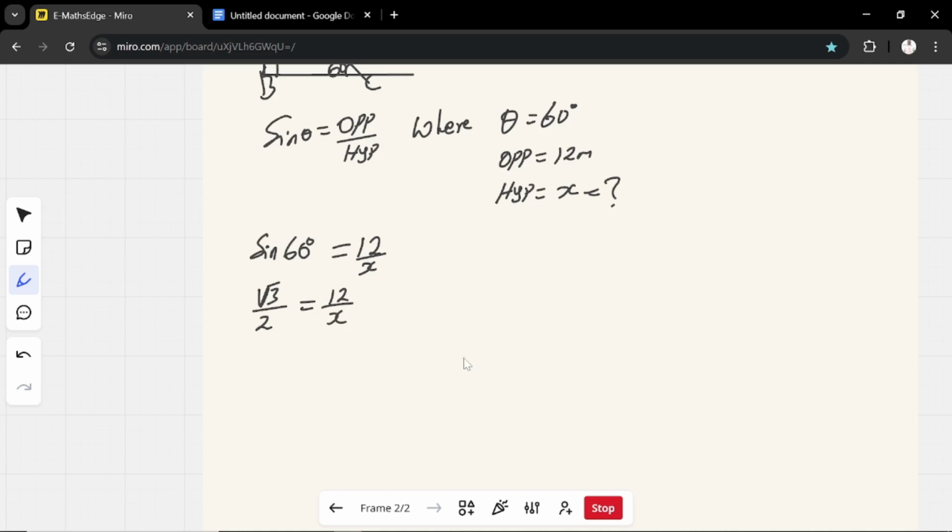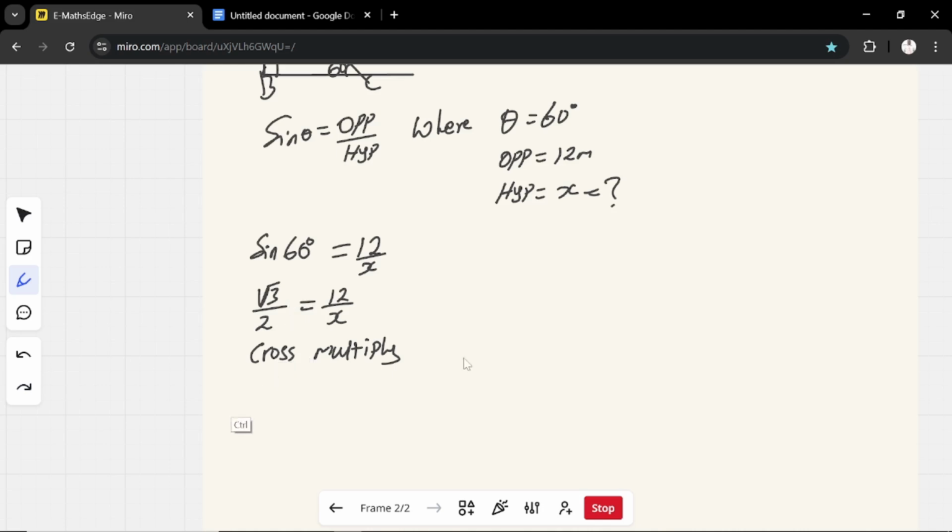So now at this point, what we are going to do is to cross multiply. The reason we are cross multiplying is in order to make x the subject of the formula. We are looking forward to obtaining the value of x. So if we cross multiply, x is going to multiply by this, while 2 multiplies 12.